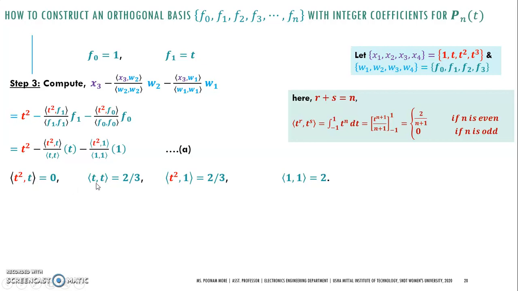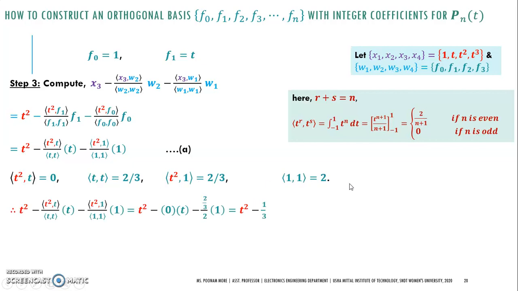Here the sum of the powers of t is equal to 2, which is even, and therefore the inner product of t comma t is 2 by 3, by using this formula for n even.